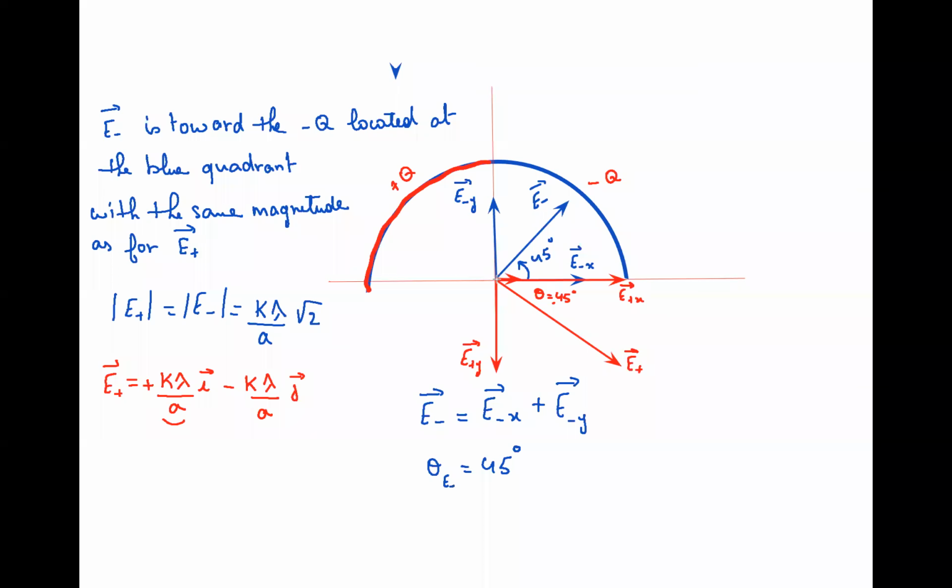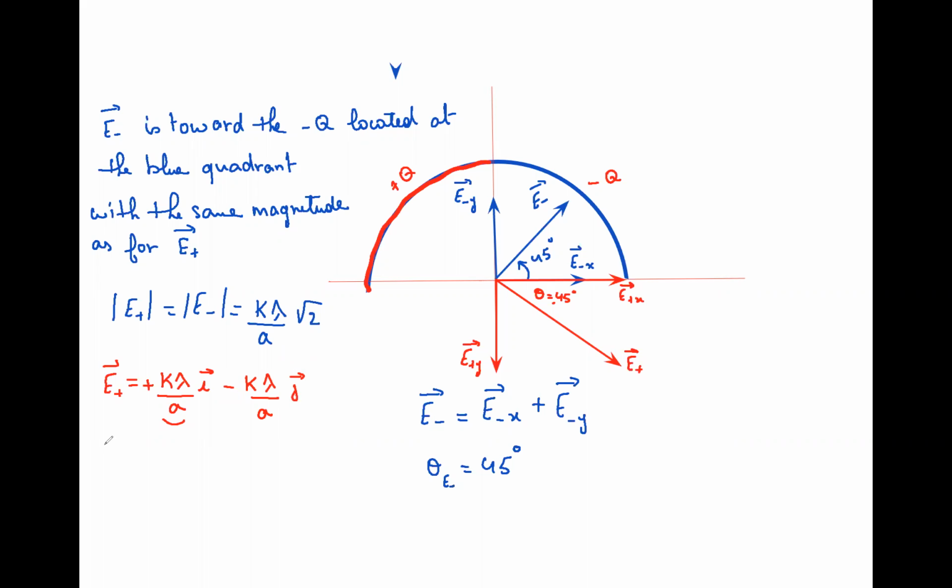It's here. E positive X in the positive direction, but E positive Y in the negative direction. So as you see here, it's in the negative J.